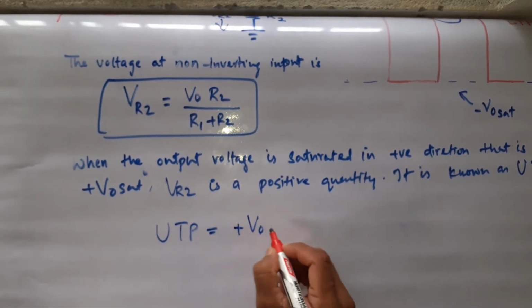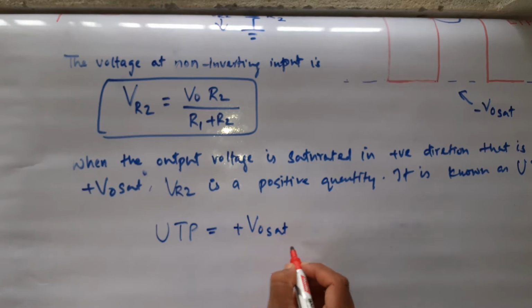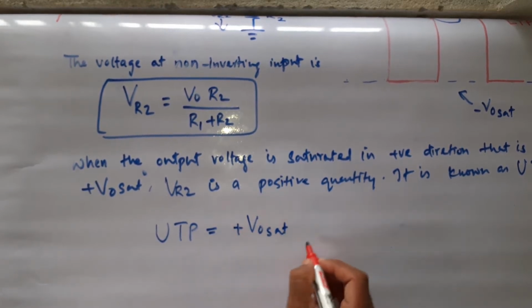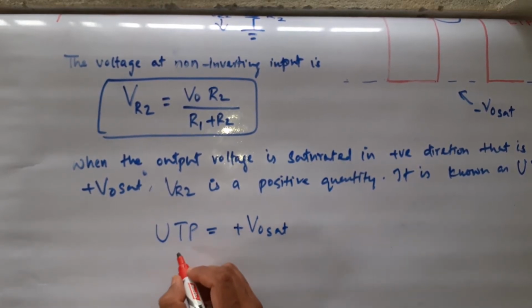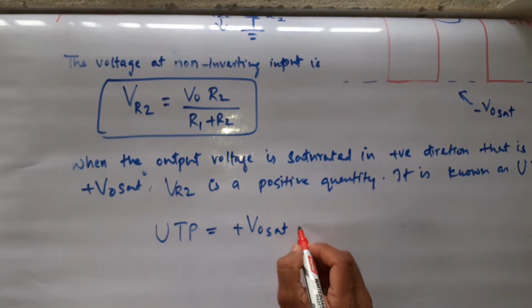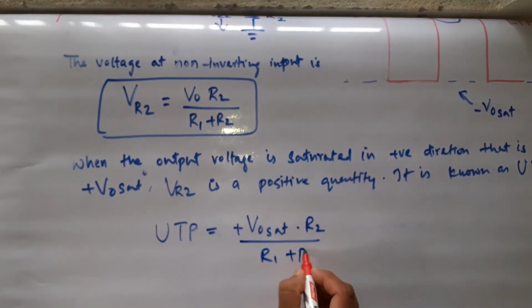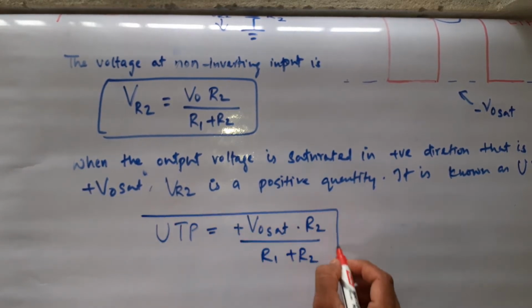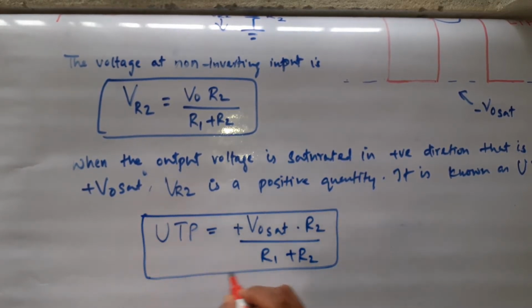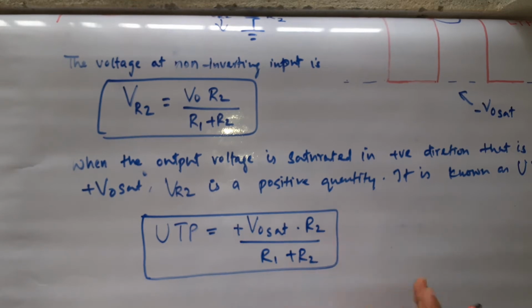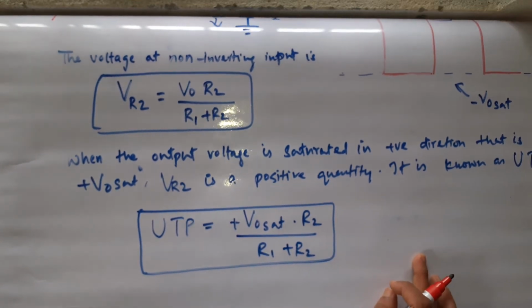Positive V0 sat. It is not just V0, it is positive voltage. Then only it is UTP. Okay. Rest all things will remain as it is. R1 plus R2. This is how you will be getting your UTP, and if UTP is given, you can get R2. Alright.